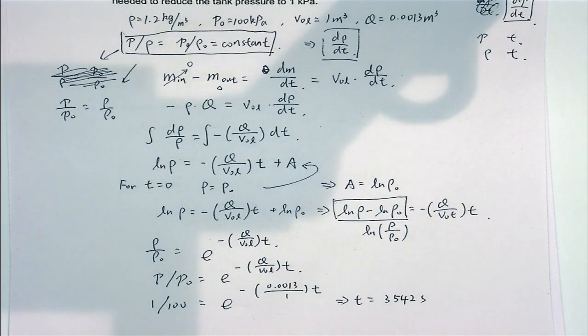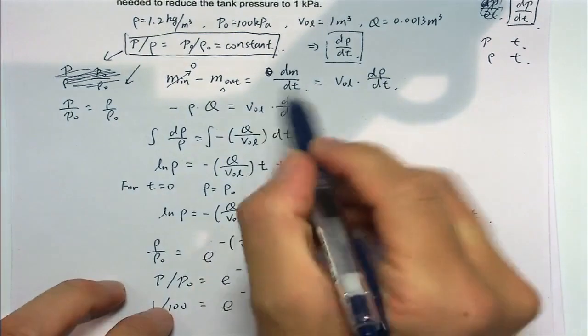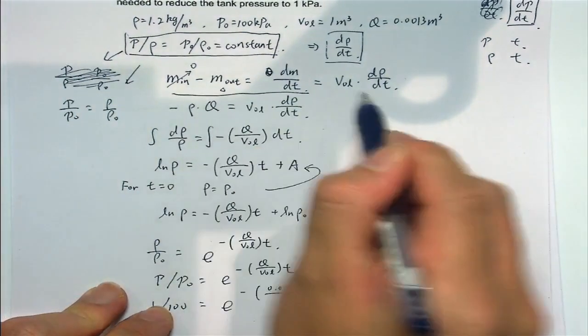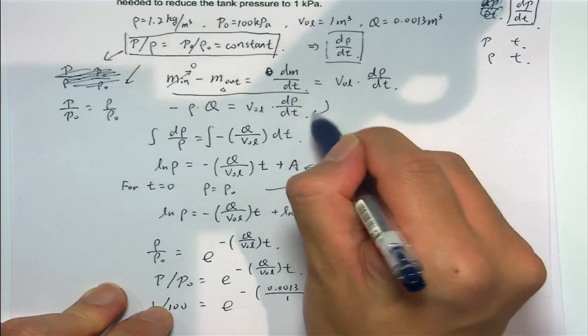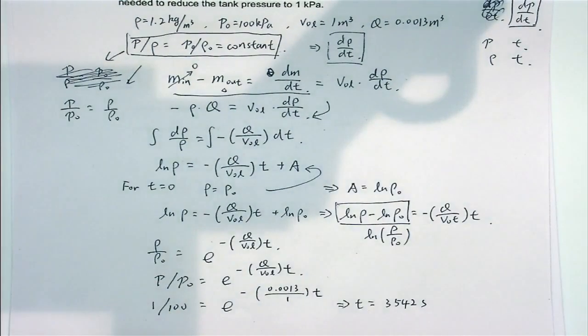So the important thing is to change that one to that one. We just move all the constant things outside the partial differential terms.